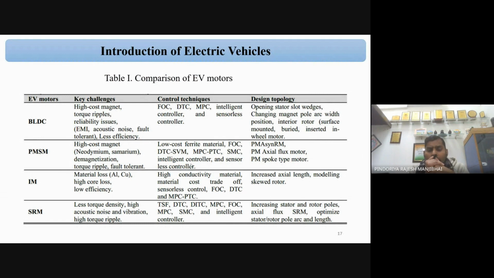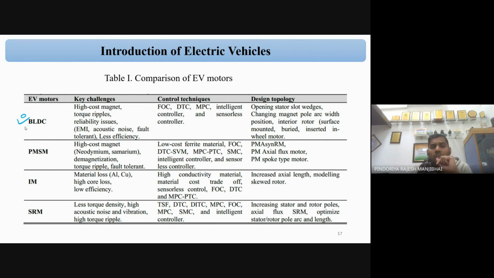Now, we have many types of electric motors for electric vehicles. So which type of motor we have to use, and what are the advantages and disadvantages? I am briefing on this slide. We have four types of electric motors people use in electric vehicles nowadays, starting with the BLDC motor, that is the brushless DC motor.